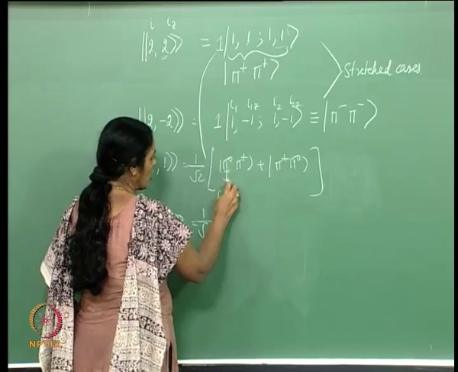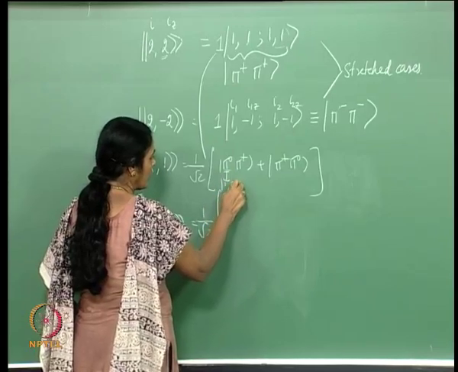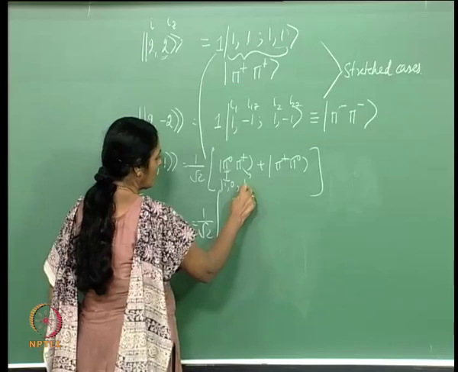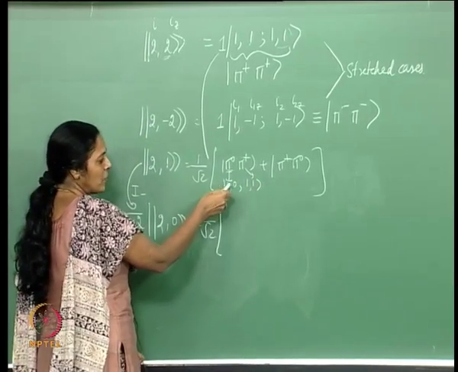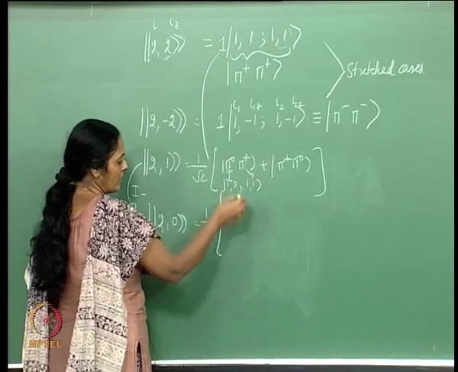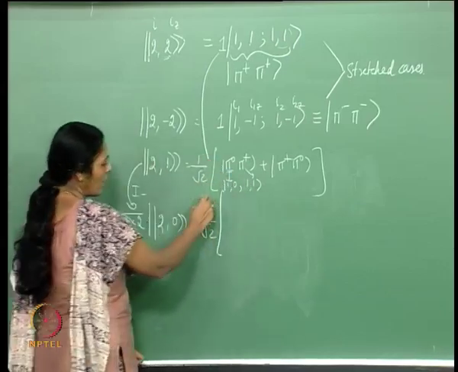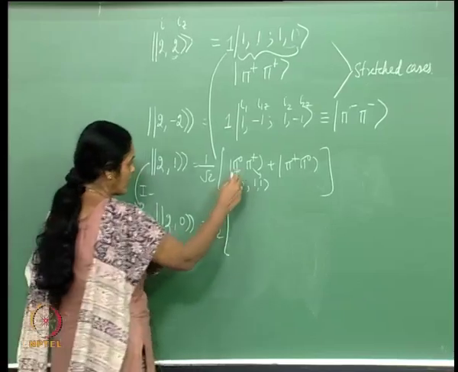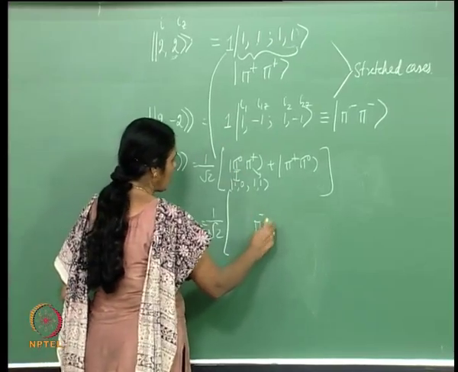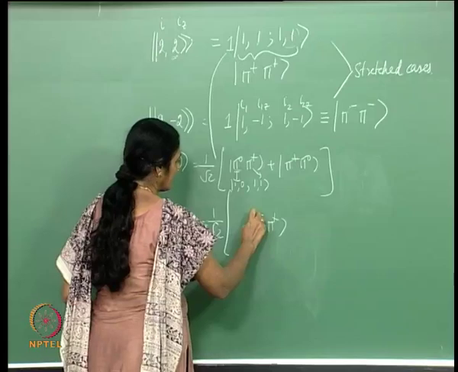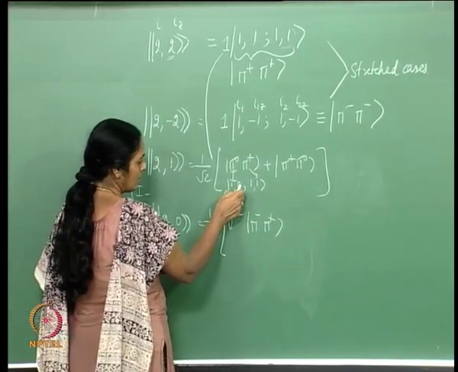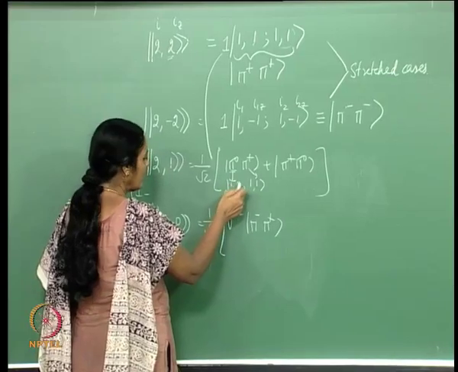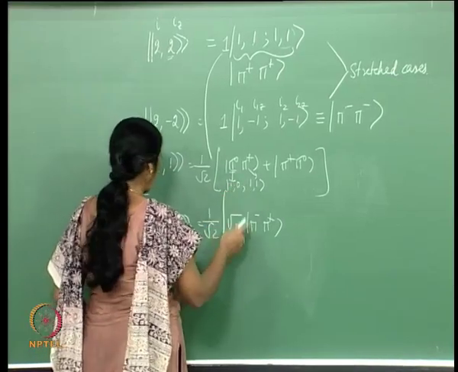So, this object has I equals 1, Iz equals 0, and this object has I equals 1, Iz equals 1. This is I1, I1z, I2, I2z. So, apart from the factor 1 by root 2 outside, pi 0 goes to pi minus with an overall coefficient 1 plus 0 times 1 minus 0 plus 1.